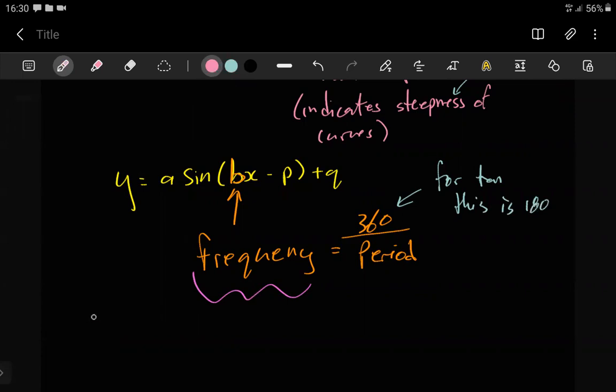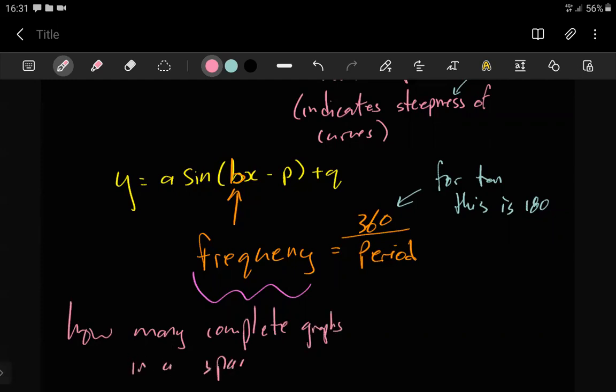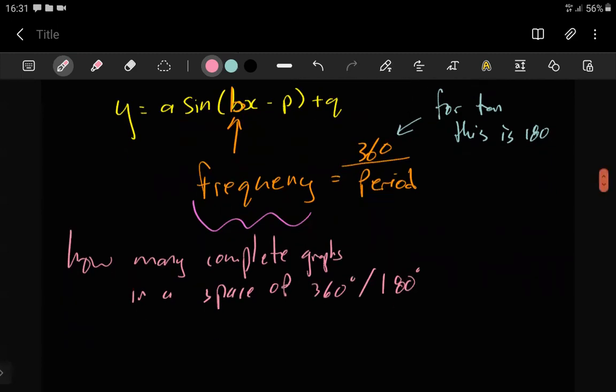Frequency refers to how many complete graphs in a space of 360 degrees, or 180 degrees if it's a tan graph. So for 360, this would be a sine or a cos graph, and for 180, this would be a tan graph. So frequency just tells you how many complete graphs you have in a space of 360 or in a space of 180.